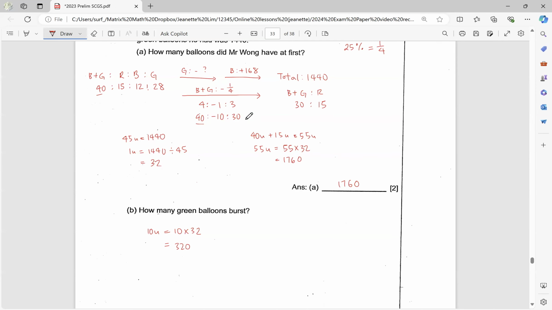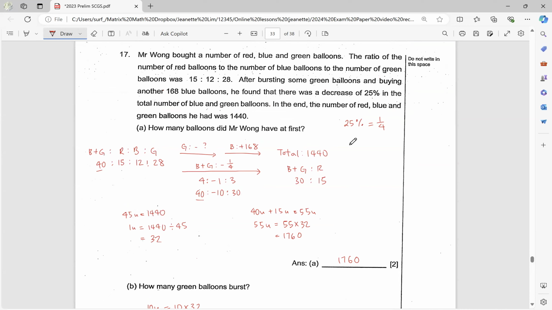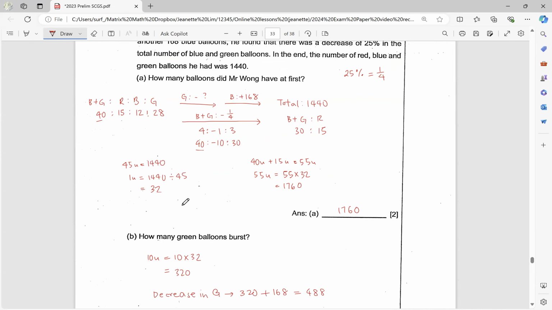So the decrease in green is not just 320, but on top of that, plus another 168. So the green actually decreased by 488. The blue increased by 168. So that's why there is an overall decrease of 320.